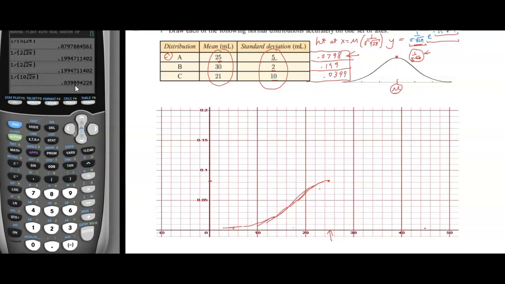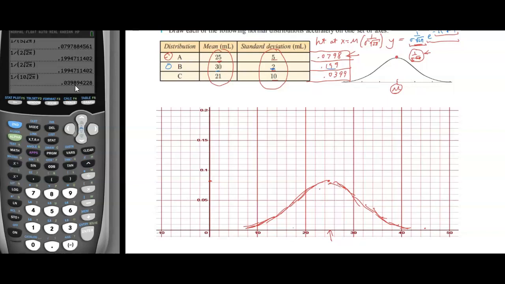Maybe it's a little bit less wide. Remember that 3 standard deviations out, the thing should be pretty much gone. So something like that. Okay, so there's my A normal distribution.